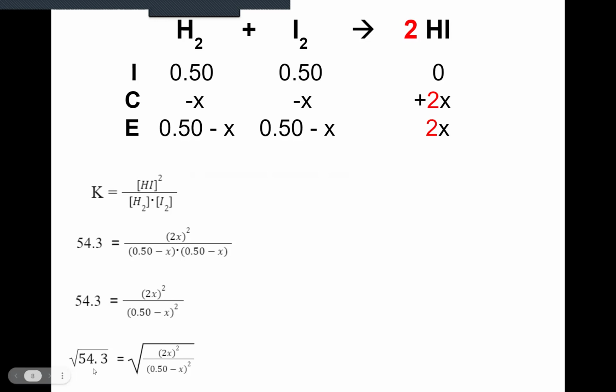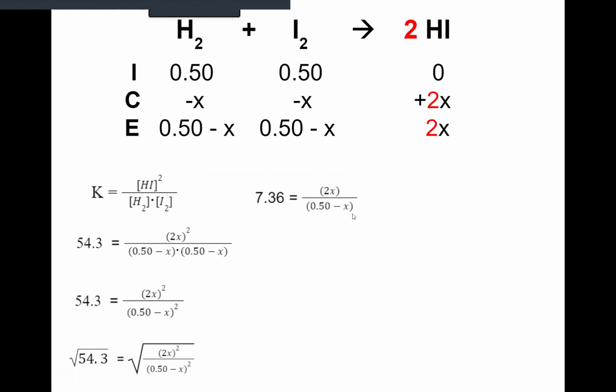If you root both sides, we'll have the root of 54.3 and the root of the expression 2X quantity squared over 0.5 minus X quantity squared. The root of 54.3 works out to be 7.36. And on the right side of the equation, it's greatly simplified. This becomes a simple algebra problem.